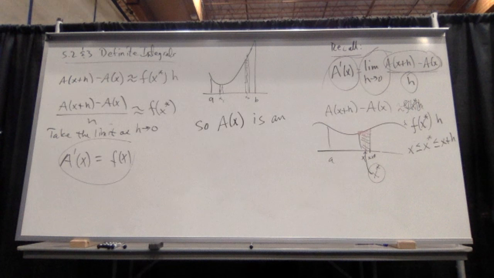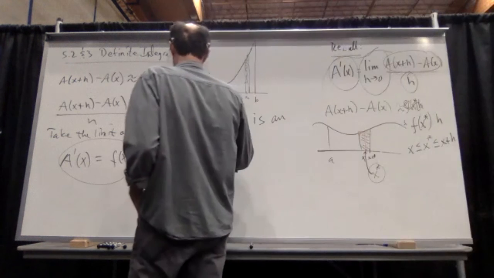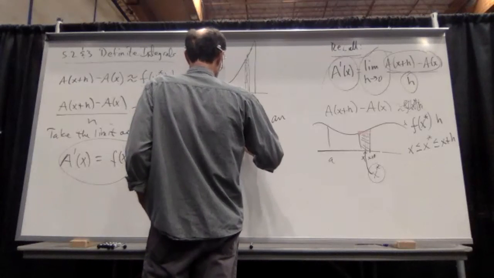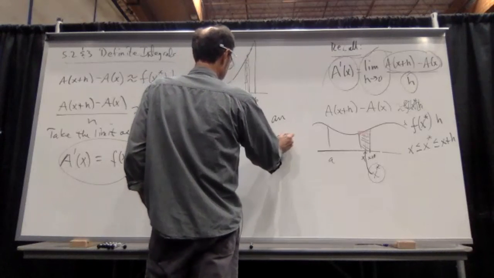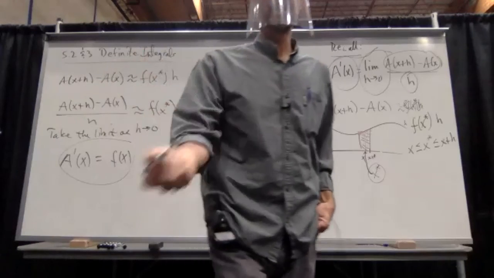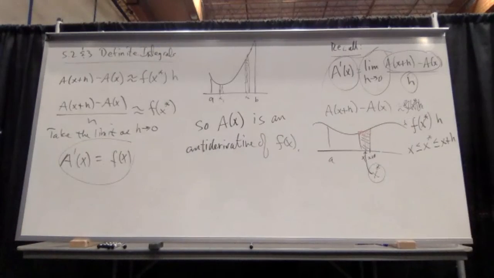An antiderivative of little f. Why did I say an and not the? Did I make a mistake or did I know what I was doing this one time? Yeah, if there's one antiderivative, there are infinitely many. Now, how do we know which one this guy is?